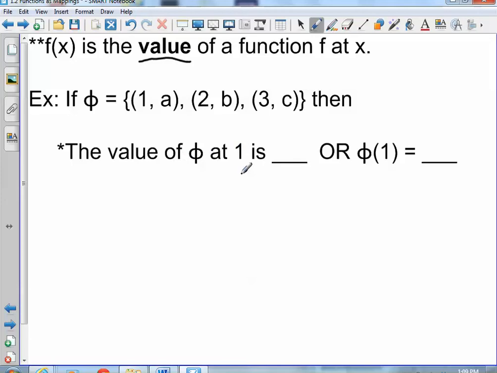So the value of phi at 1 is what? A. Just give me the y. Or another way of writing it, phi of 1 equals A. Okay? So we're going to start using lots of different words, and we'll talk about whether that means I'm asking for the x or the y. If I ask for the value, that's asking you for the y. Okay, so value means the y.